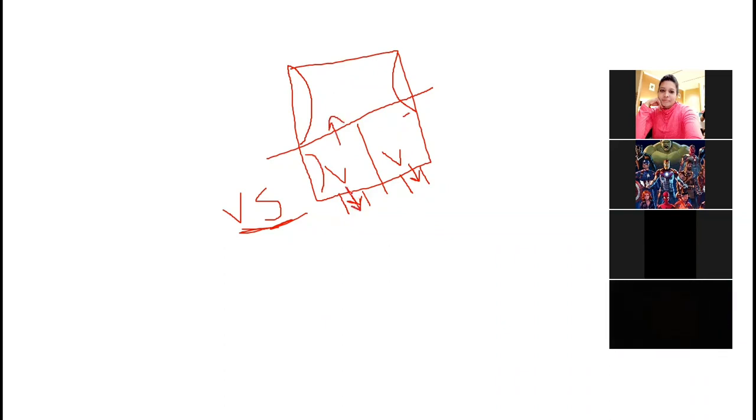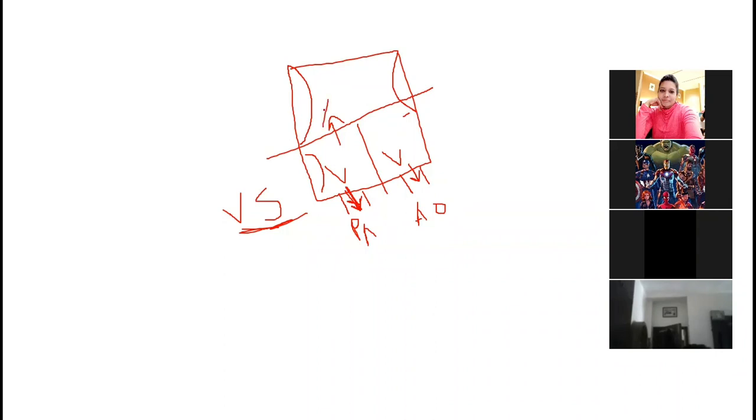But what is the process we want? The blood should move down only into the pulmonary artery or the aorta, and it should not go back into the atrium. So to prevent that backflow of blood to the atrium, these two valves get closed. Here these two valves get closed and these two semilunar valves get open.